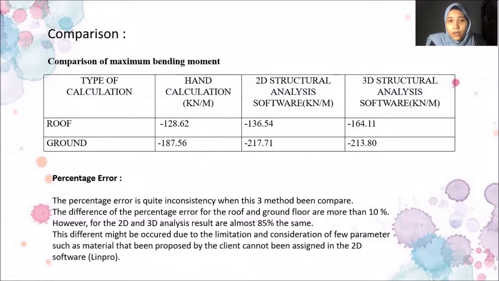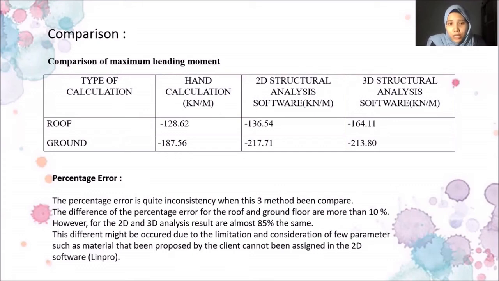After we got each result for the maximum bending moment, we calculated the percentage error. The percentage error is quite inconsistent when comparing these three methods. The difference in percentage error for the roof and ground floor is more than 10%.